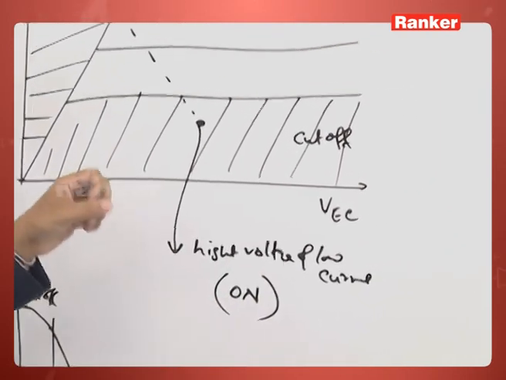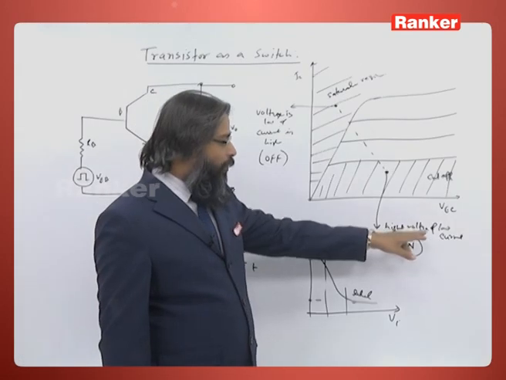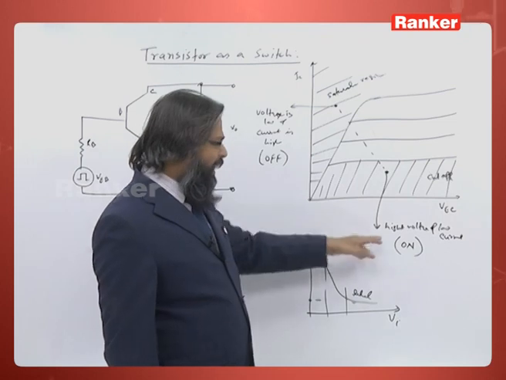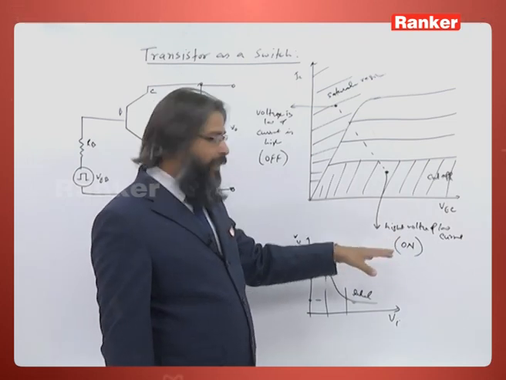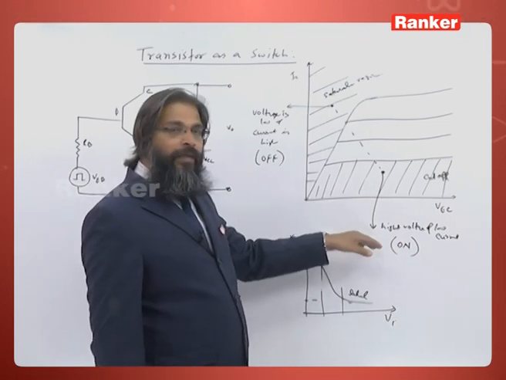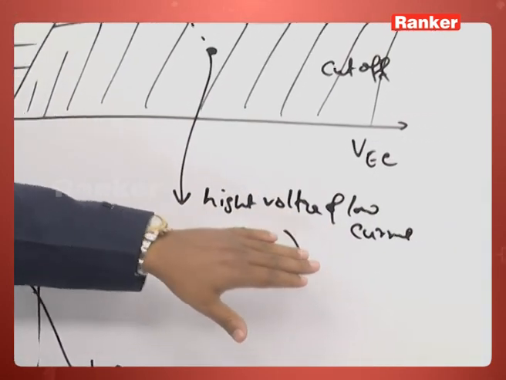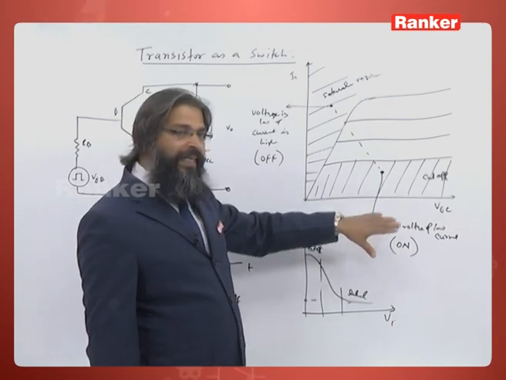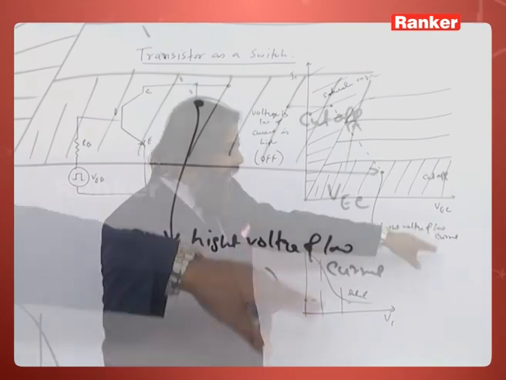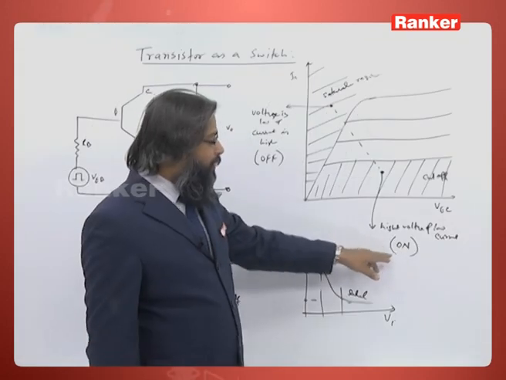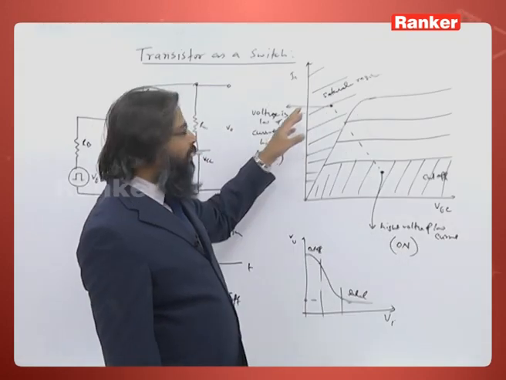When we concentrate on voltage, for digital circuits high voltage is considered on. But some applications concentrate on current, where it is in the conducting stage. In that case, low current means non-conducting, so this will become off and this will become on.